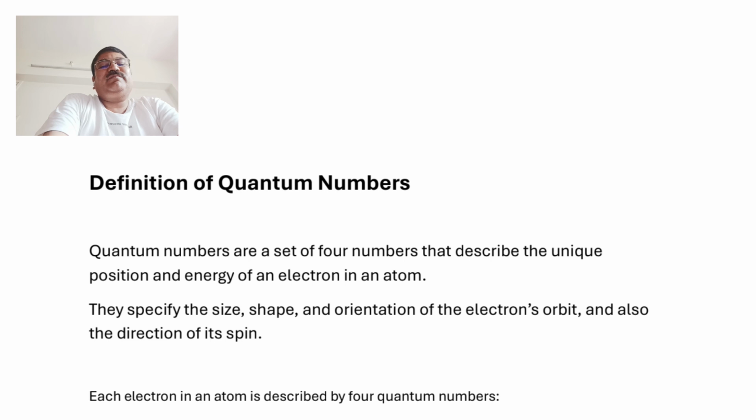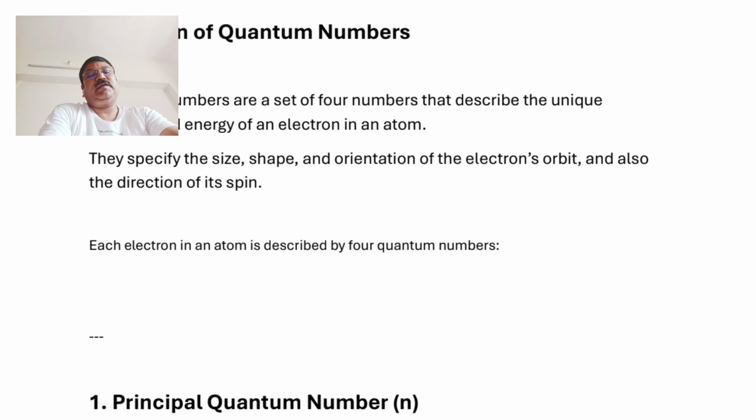And they also explain the direction of spin. So these are the quantum numbers which explain these four properties.